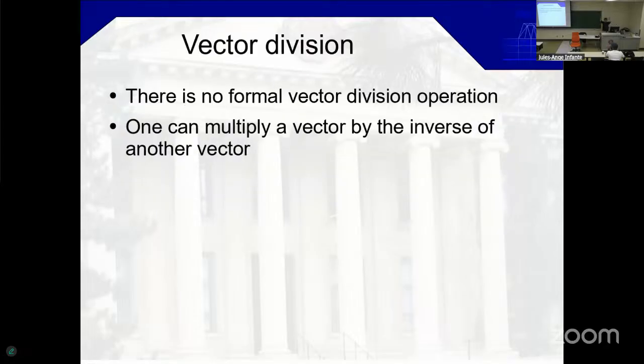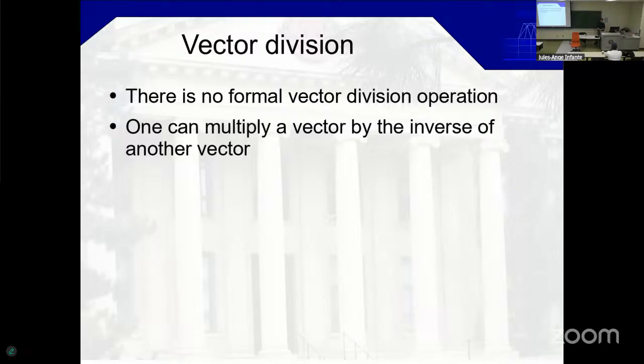You can set up a quick spreadsheet, no trigonometry, and calculate directly your stations and offset for a segment of road. So there is no division in terms of vector division. However, when you express a vector as a matrix, if you have a tensor, you can always have the inverse of a tensor.